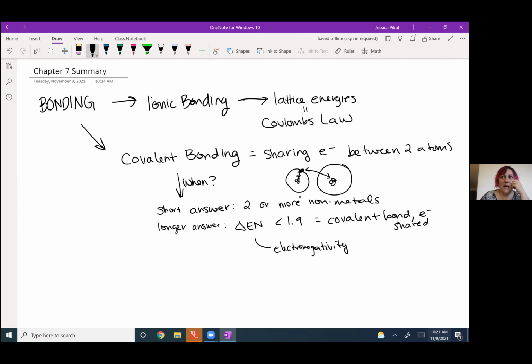And so it's not something you can calculate from first principles. It's instead something we measure, and everyone has a different method. So there's a few different things reported. But it's really telling us how tightly electrons are held in the atom, or how much they're attracted to that nucleus.